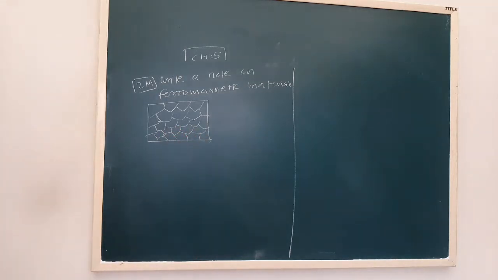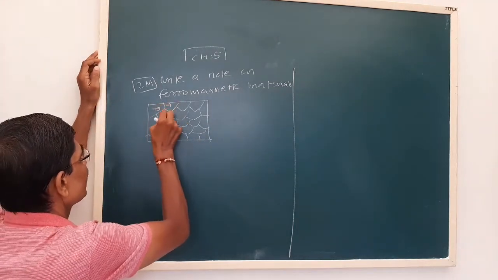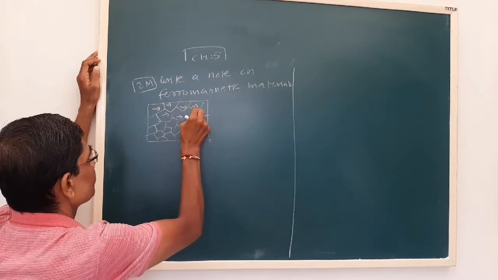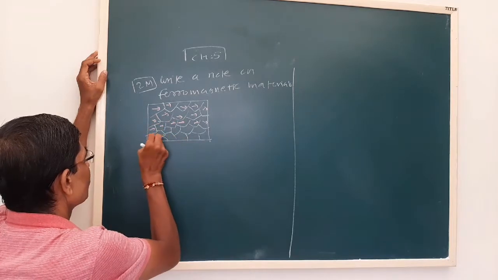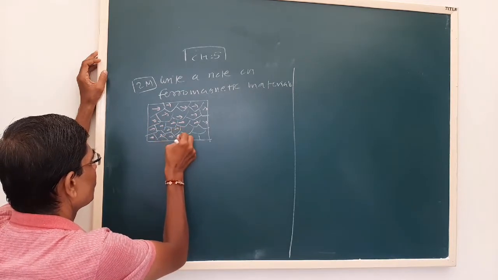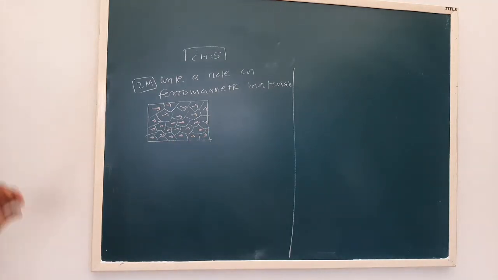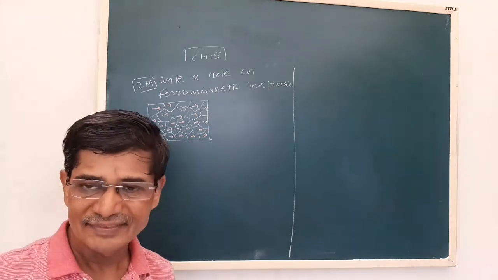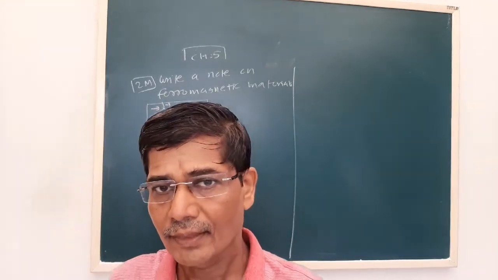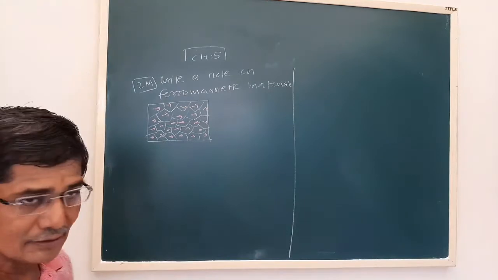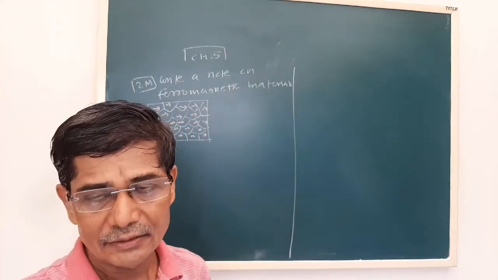See, the atoms or molecules of ferromagnetic material possess dipole moment. But in normal condition they are not arranged in the same direction. Also, the number of dipole moments is large.